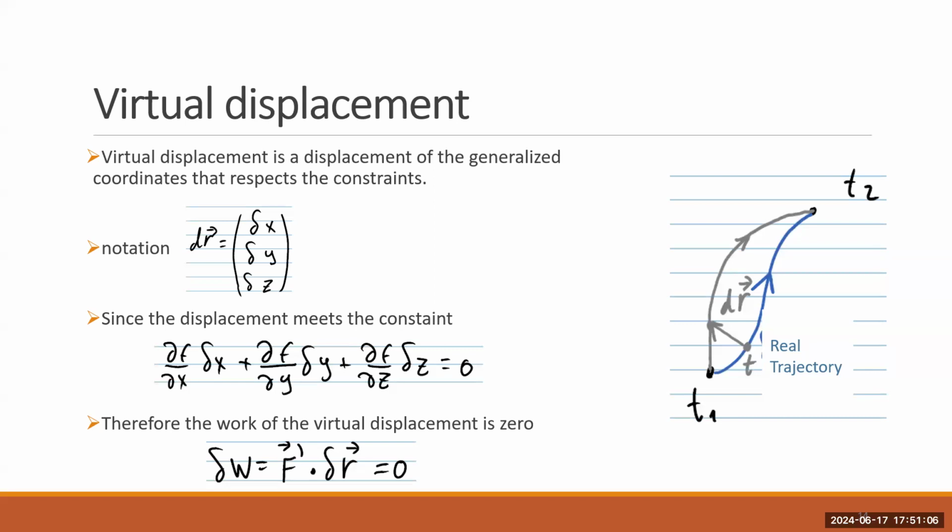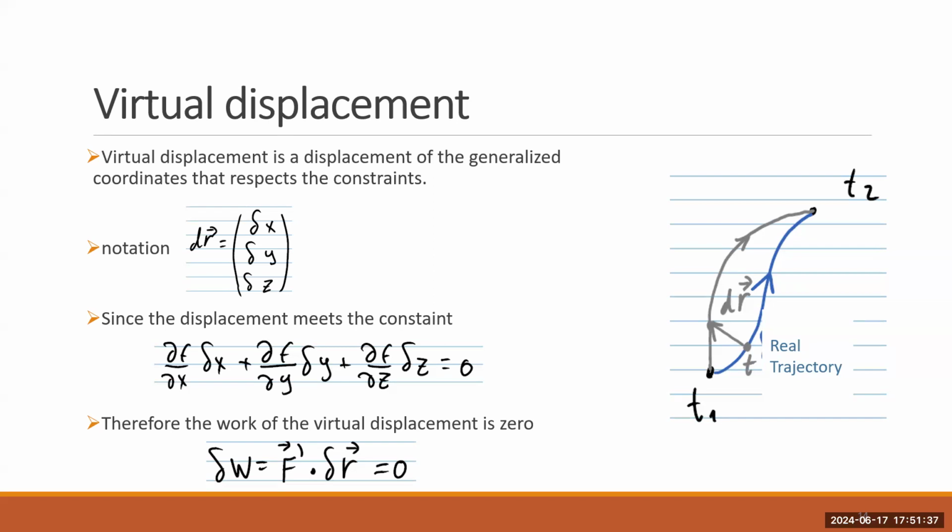This is a very useful rule, the rule of virtual displacement, or virtual work. And we'll later on see how we can use this to actually compute forces and torques in a mechanism.